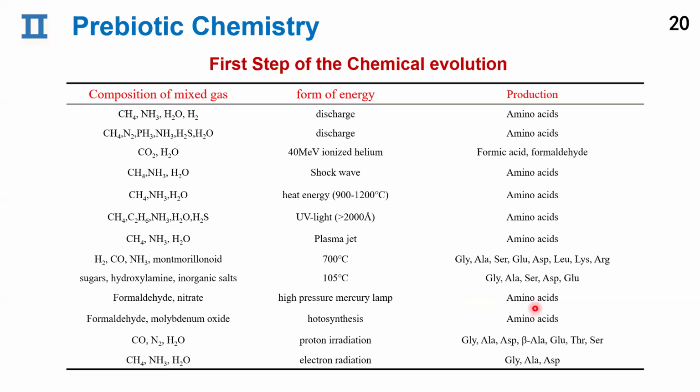In this stage, scientists focus on how simple gases present in the early atmosphere, such as CH4, NH3, water vapor, and carbon dioxide, could interact under different energy sources to produce organic molecules, particularly amino acids.